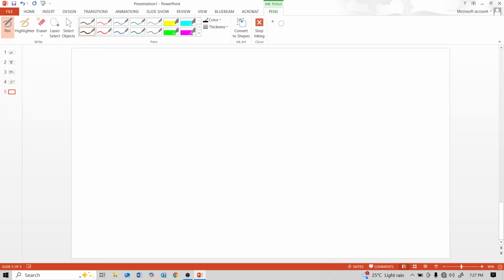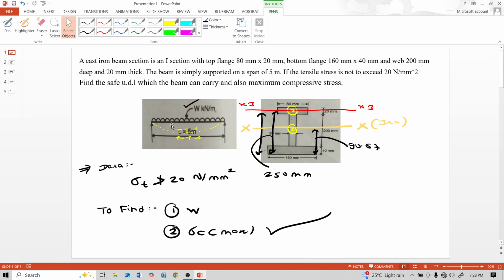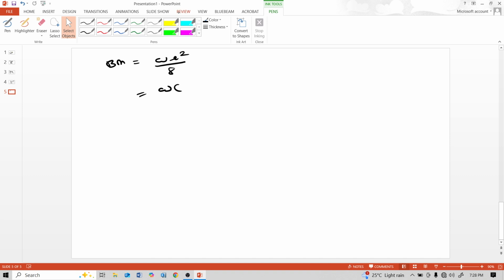Beam length L is 5 meter, so W into 5 square by 8. 5 square divided by 8 is 3.125 W, which is the bending moment for that simply supported beam.